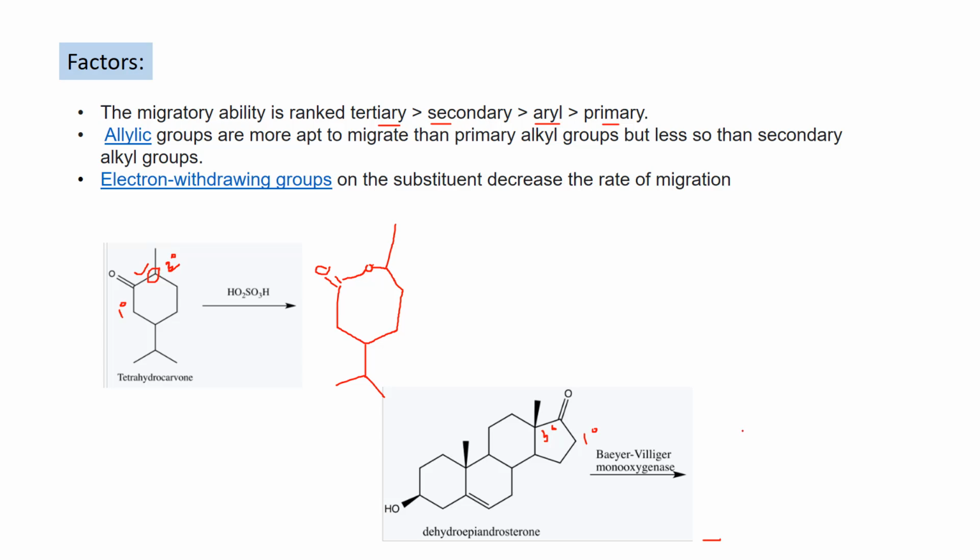So the product will be, the rest of the system will be intact, only there will be oxygen incorporation between this carbon-carbon bond. The rest will be intact. I am not drawing the rest. Okay, understood? Now we know about Baeyer-Villiger oxidation. So if any question comes based on this concept, you will be able to attempt that.